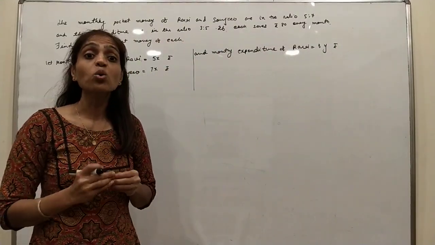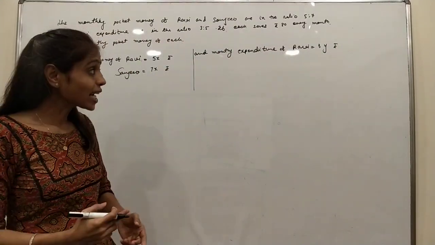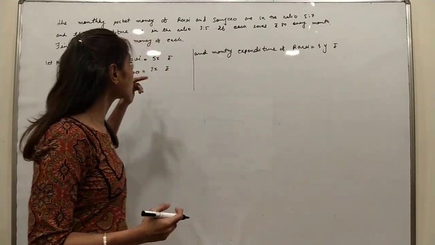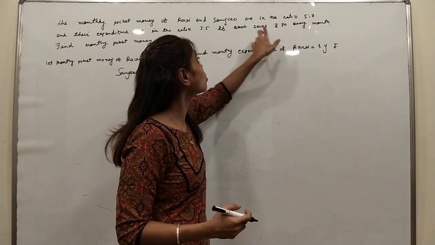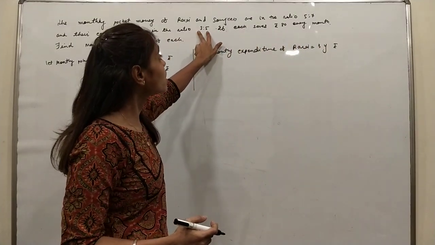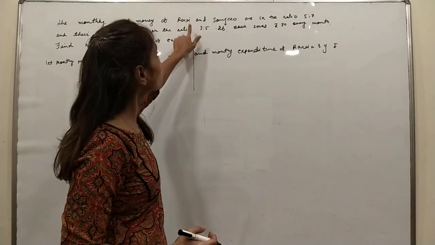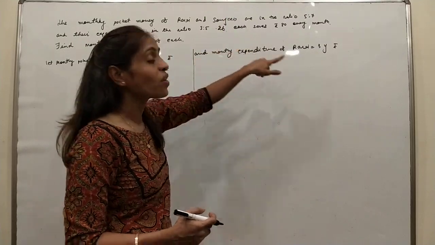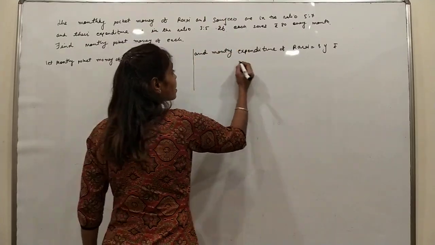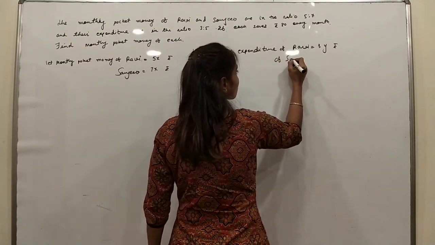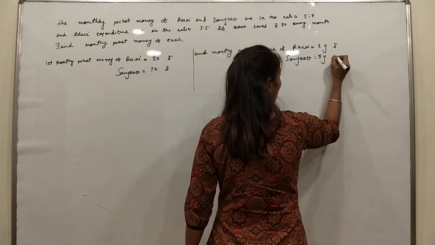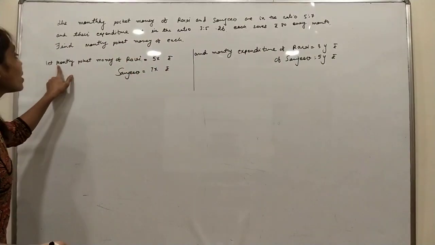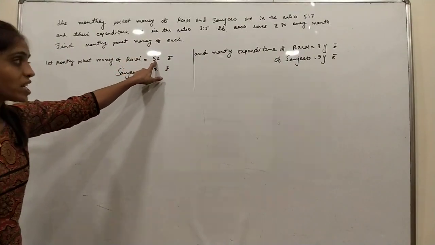We cannot use x second time in the same question because we have used x in the first ratio. So in the second ratio, expenditure ratio is 3:5. Then the expenditure of Ravi is 3y and Sanjeev is 5y rupees.